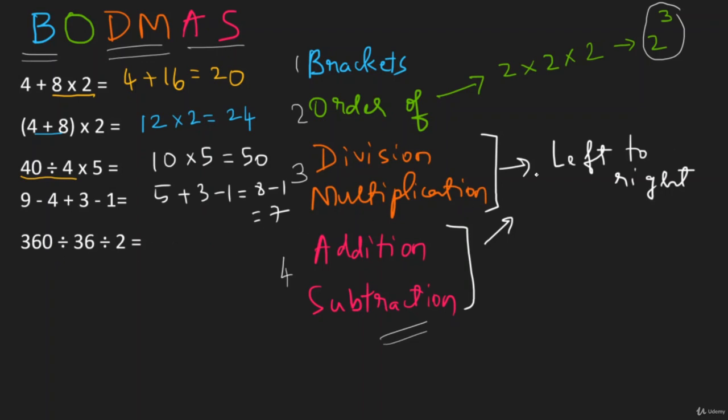So 360 by 36, that gives you 10, and 10 divided by 2 gives you 5. Now if you had done it in the other order, if you had done 36 divided by 2 first, you would have got 18, and 360 divided by 18 is 20, which is a totally different answer. So this is the right answer. Remember, in these cases, you have to do the operation from left to right.